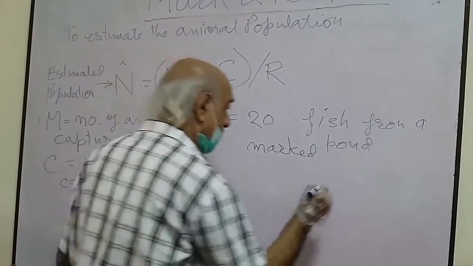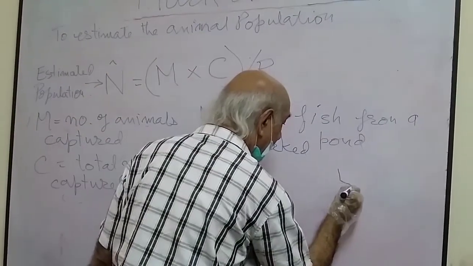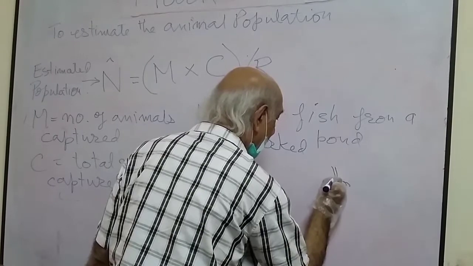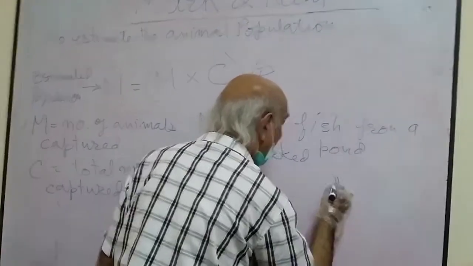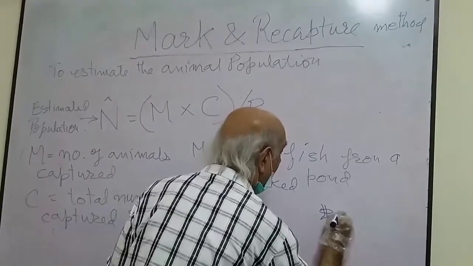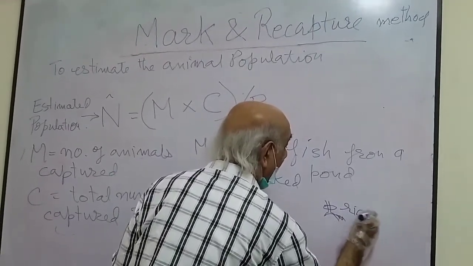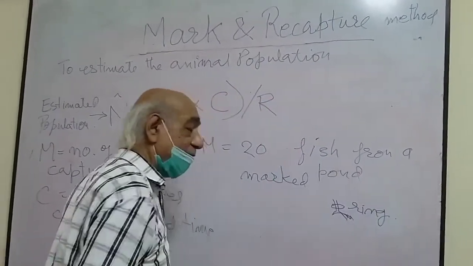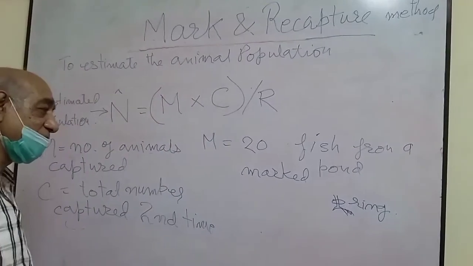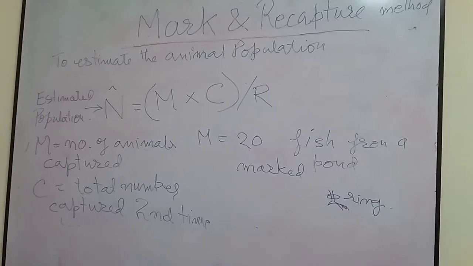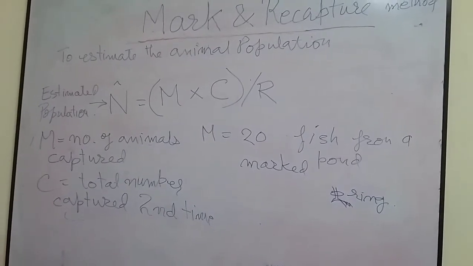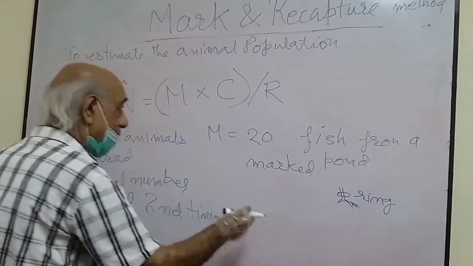For example, birds can be marked by putting rings around their legs. Larger animals can be marked by putting collars. For example, radio collar is also used. Those are the methods of marking.